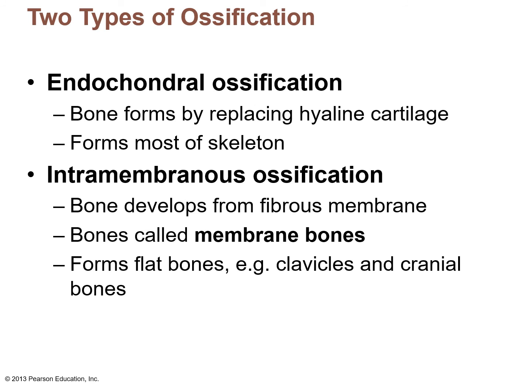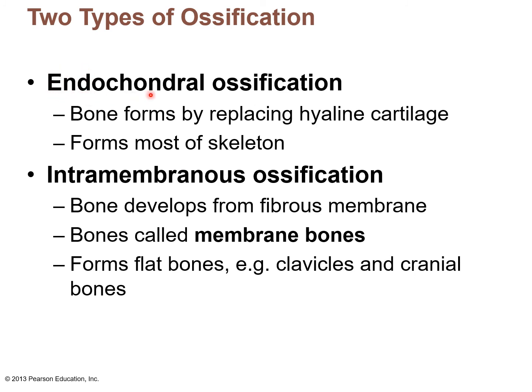So there are two types of ossification. One more time, ossification meaning the process of making bones. We have what's known as the endochondral ossification and the intramembranous ossification. Let's break the word down. Endo meaning inside, chondral meaning cartilage.